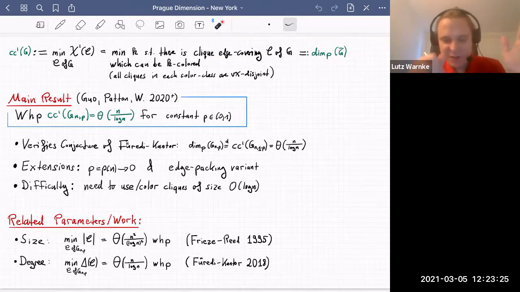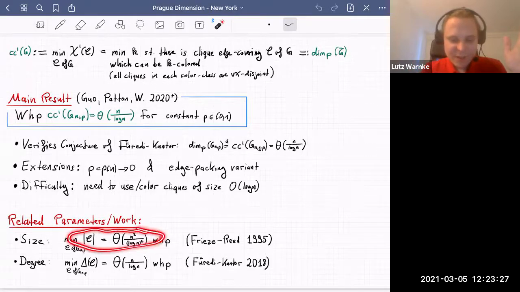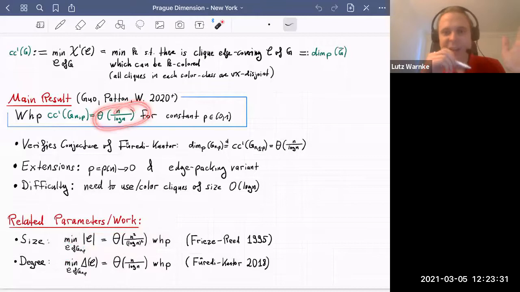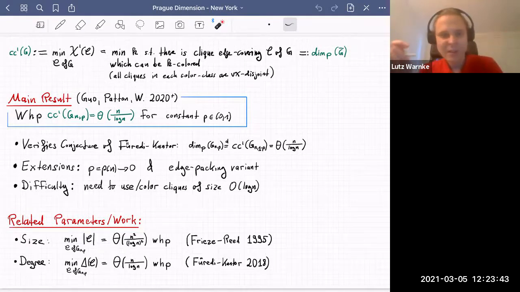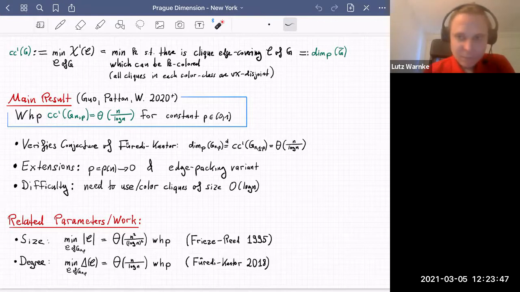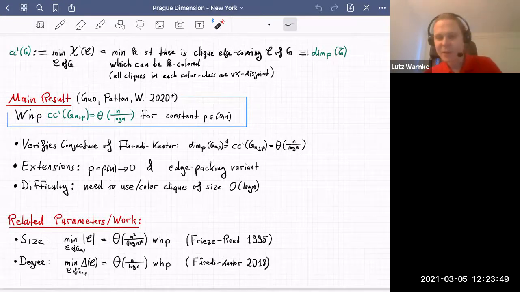We find a clique edge covering which is of this size, has this maximum degree, and has this chromatic index. So in that sense it's like a weakly pseudo-random clique edge covering, or I don't know how one would want to call it, but we minimize all these parameters up to order of magnitude simultaneously, which is nice. I'll wait a moment if there are any questions.